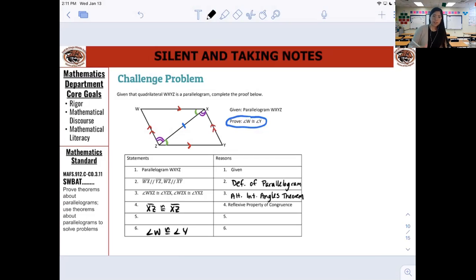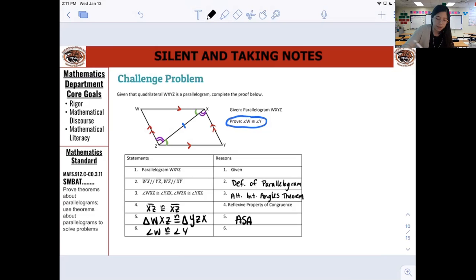ASA. This one's ASA because I have 2 congruent angles and 1 congruent side in between them. So my triangles are congruent. Triangle WXZ is congruent to triangle, let's see, YZX due to ASA.